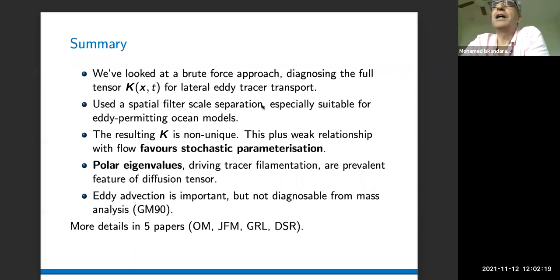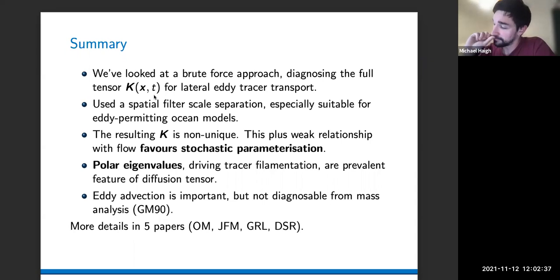So did you try filter widths that are 100 grid points or 1,000 grid points to see if the results do change? I would have expected that the results would be sensitive to multiplying by 10, maybe not multiplying by 4 or 5. So that implies a huge grid.